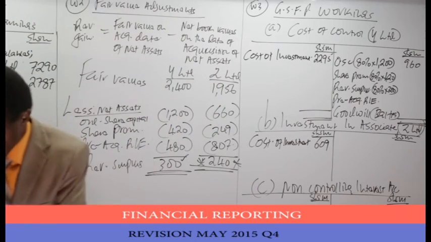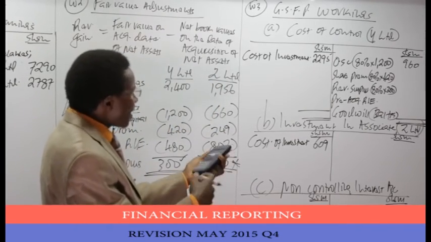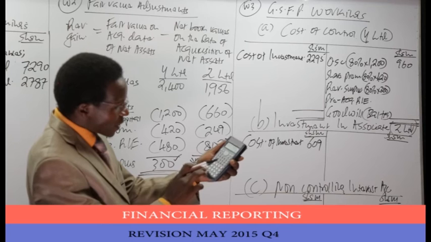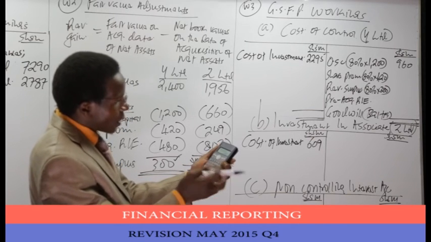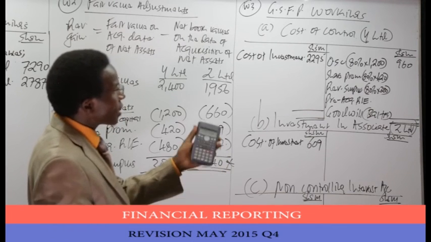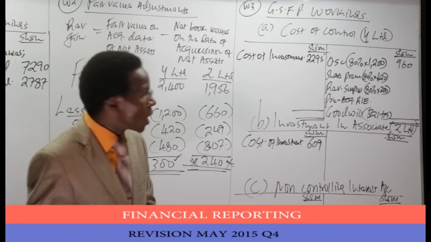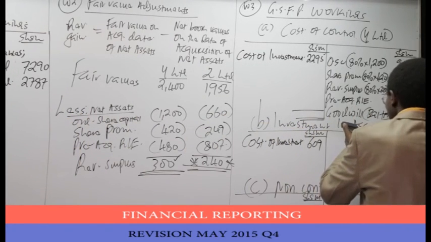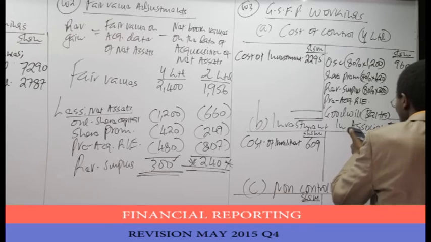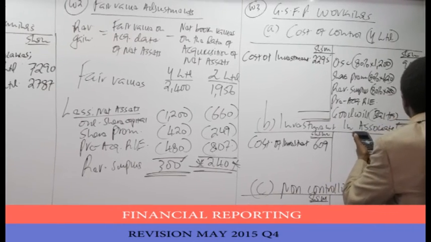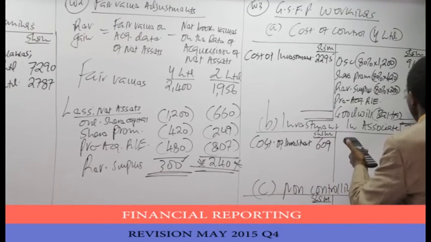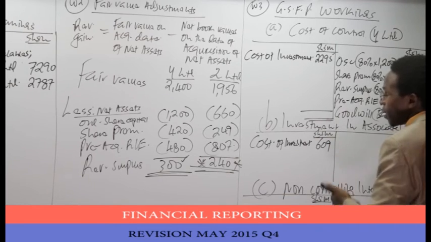You could easily say just 80% of the 2,400. Then you say we have purchased it at 2295 minus the 1920. 375 could be our goodwill. But now let's do it individually. 80% of 420 is 336, 80% of 300 is 240.